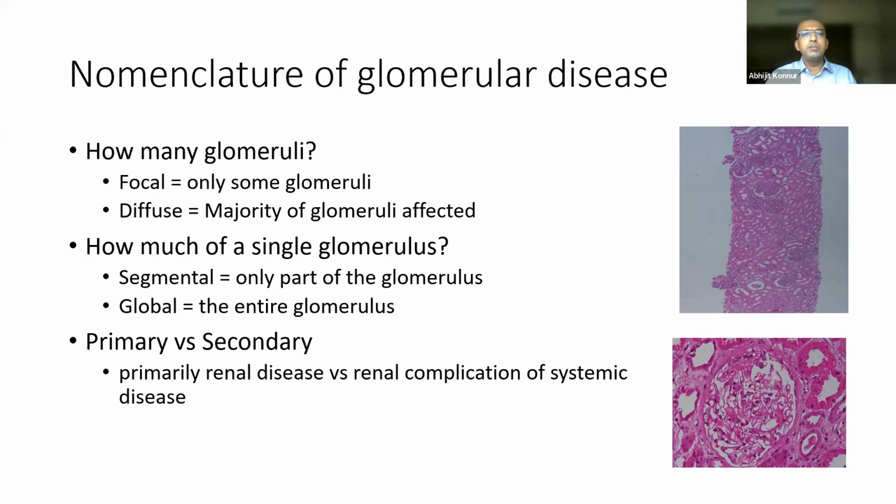The first question to be asked is, how many of these glomeruli are involved? If only some glomeruli, then the nomenclature is focal. If the majority of the glomeruli are affected, then it is diffuse. Now, focusing on a single glomerulus, one asks, is the entire glomerulus involved? If yes, then the nomenclature is global. And if only a part of the glomerulus is involved, then it is called segmental.